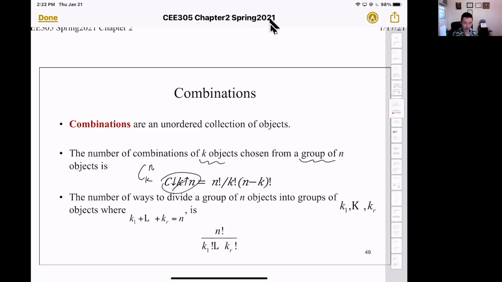C is for combination. So we pick k objects from a group of n objects when the order does not matter, or unordered collection.